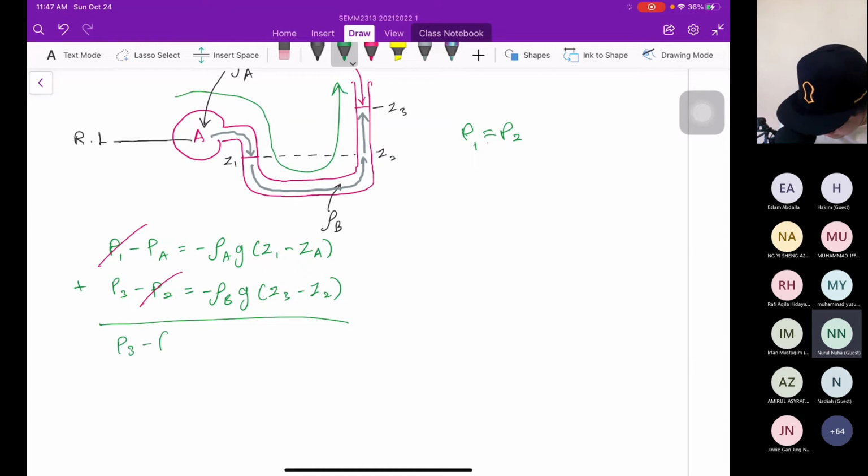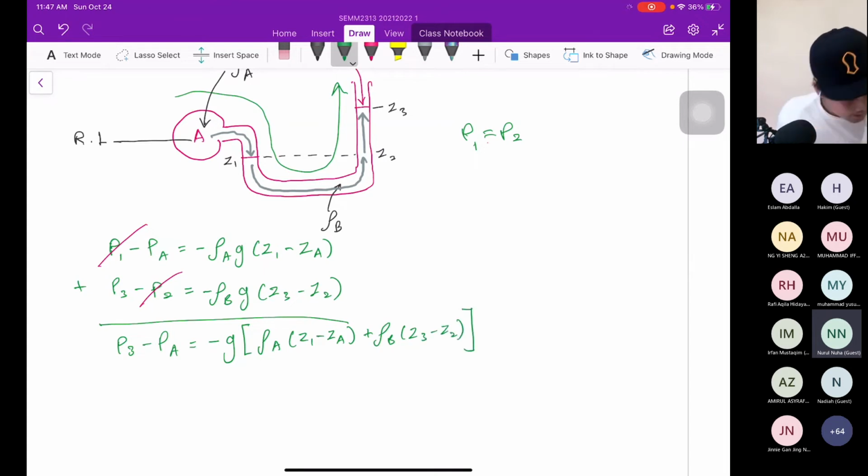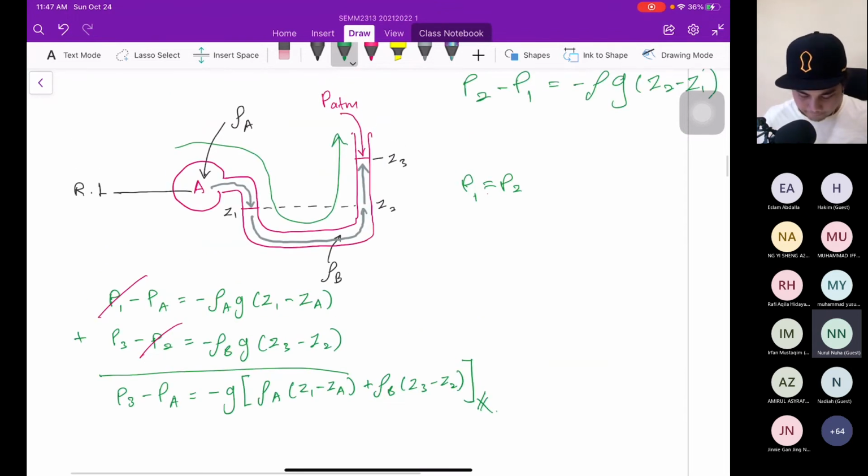P3 minus PA equal to negative g bracket, rho A Z1 minus ZA plus rho B Z3 minus Z2. That's it. That is the hydrostatic equation that you use to calculate the pressure in the manometer, the pressure difference between the pressure at A and the pressure at 3.